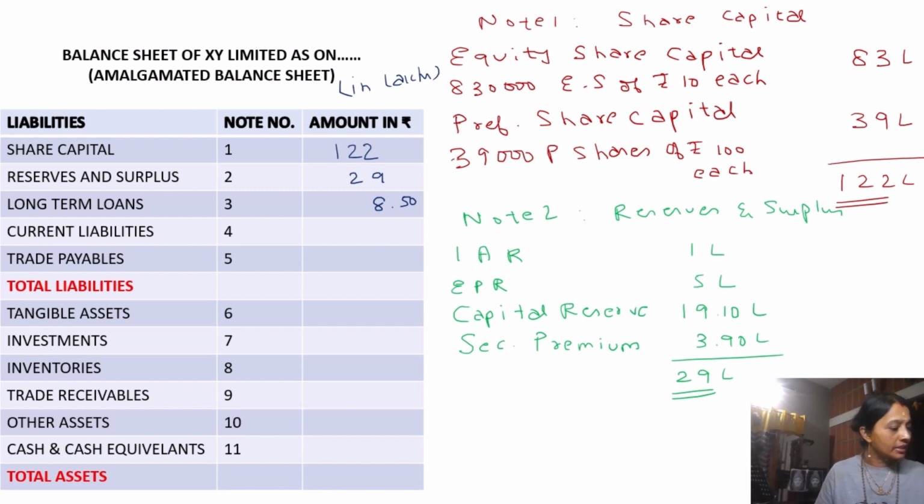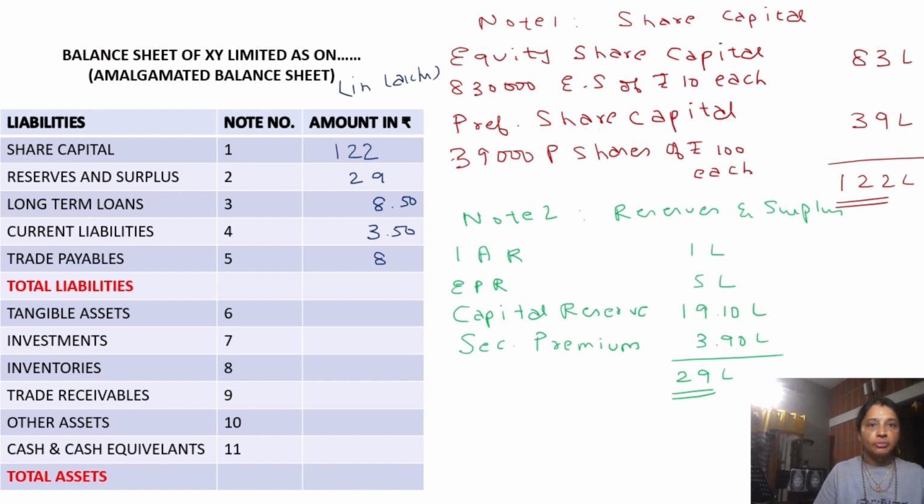Then you have current liabilities. We take other current liabilities 3.50. I'm taking directly. You please show in working notes. Then you have trade payables, which is nothing but trade creditors. There is a trade creditors of 8 lakhs. So I presume we have taken all the liabilities.